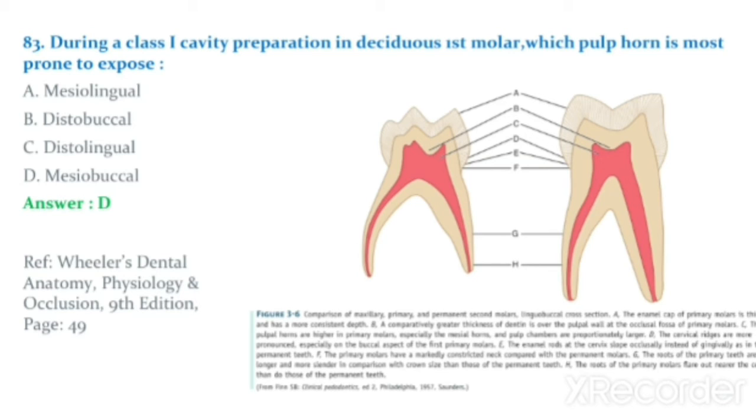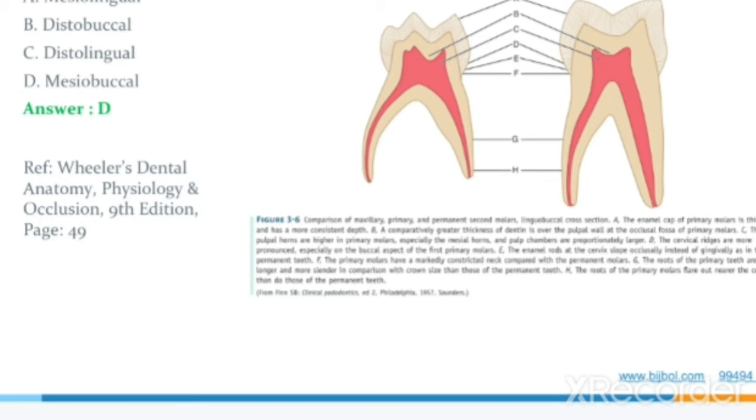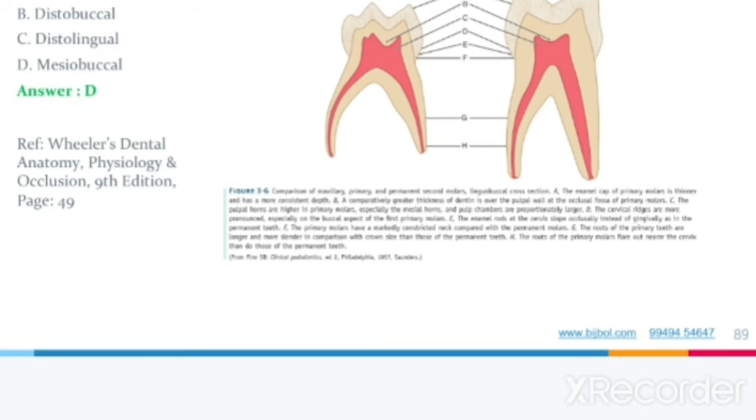And in H you can see the roots of the primary molars flare out nearer the cervix than do those of the permanent teeth.